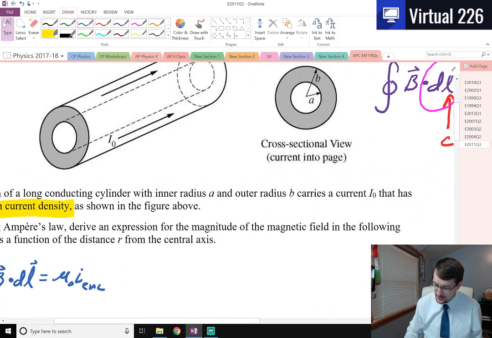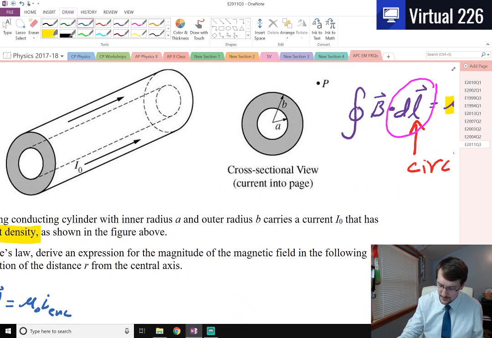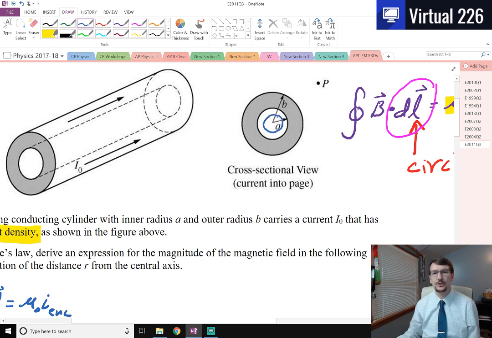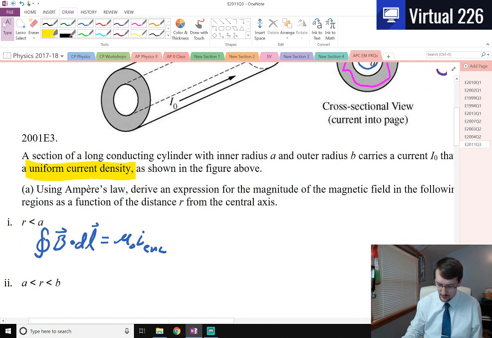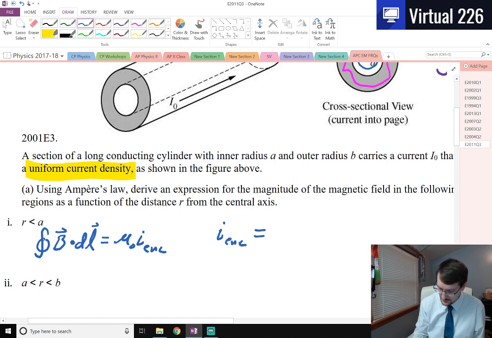Now, if we go back to Ampere's law, and I say, okay, I'm at some radius within A, I'll just draw it there. Have I enclosed any current at all? Well, the current's running out here. So I've enclosed nothing. So because of this, my enclosed current is 0.